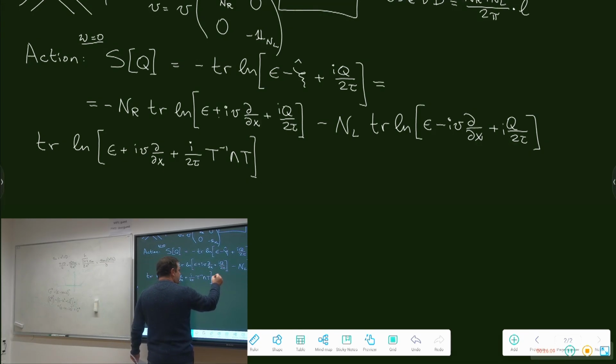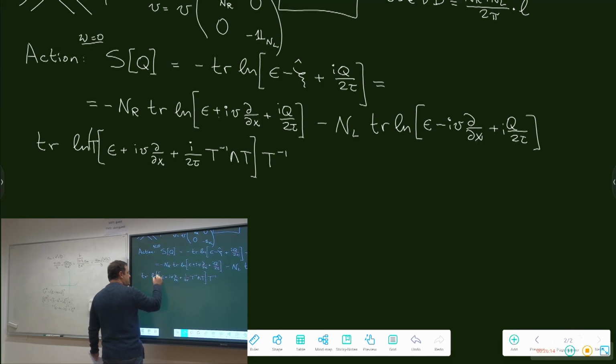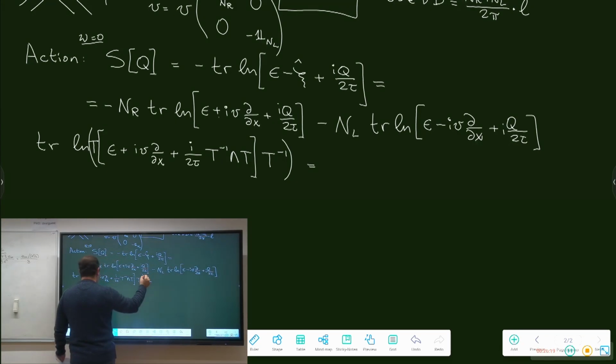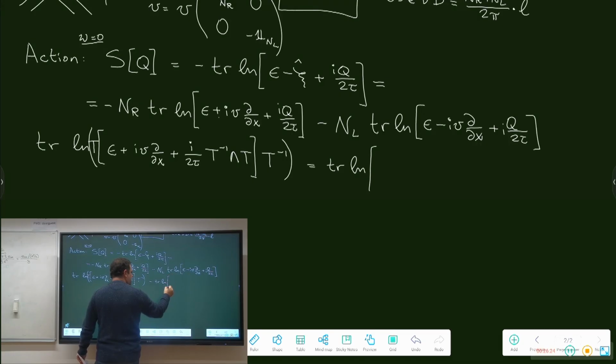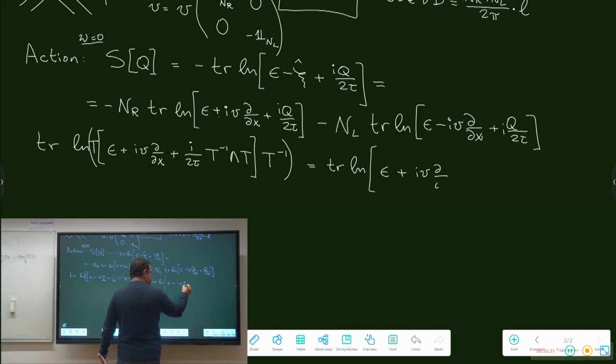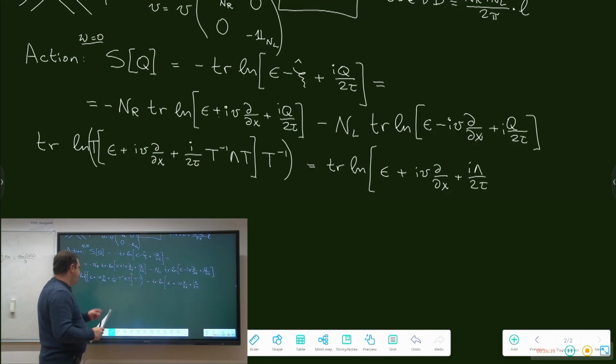So what we do, we multiply this whole thing with T inverse from one side and with T from the other side. And we have trace log epsilon plus i v d by dx plus i lambda over 2 tau. This happens if T is a constant: it commutes with d by dx, so it just cancels.